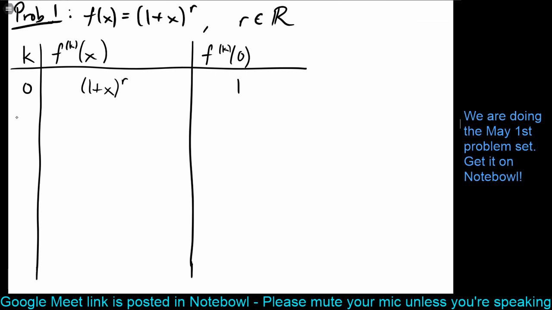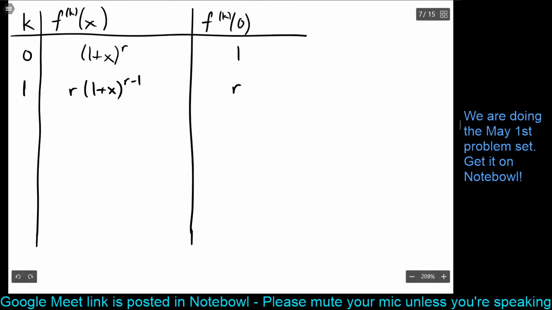Let's take the first derivative. That means an R comes out. We get R times 1 plus x to the R minus 1. Plug in 0, and now we get an R. A little more interesting. Take the second derivative. Let me start piling these up in this direction. R times R minus 1 times 1 plus x to the R minus 2.